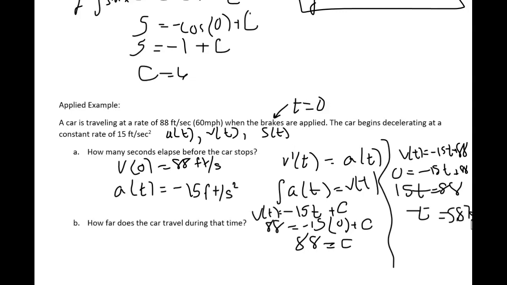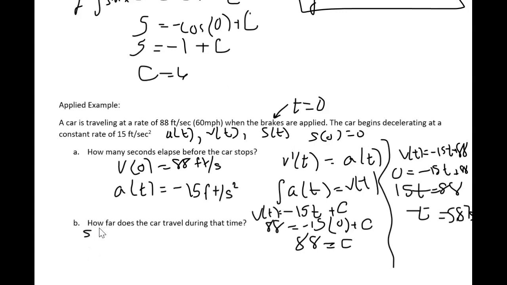before the car stops. How far does the car travel during that time? So again, we've got another antiderivative to get to our distance equation. Since we're trying to find the distance traveled from the minute the brakes are applied, we're going to let the distance at t equals 0, so s(0) equals 0, because then whatever distance we travel is just added on to 0.